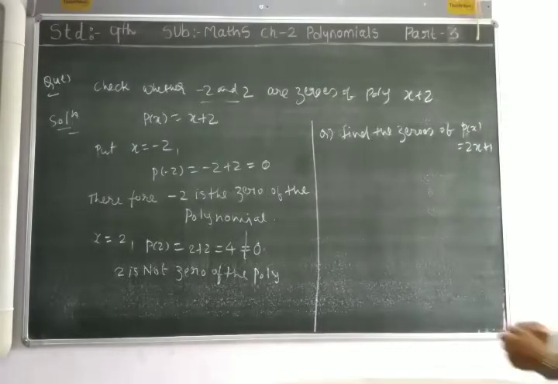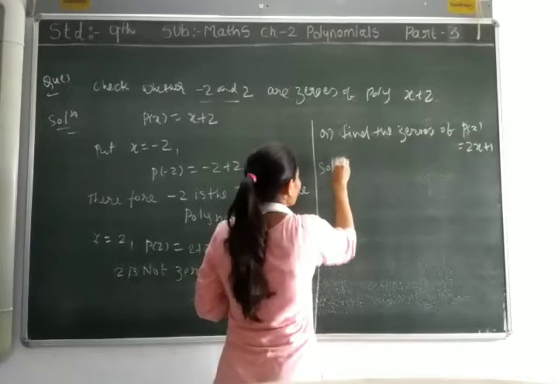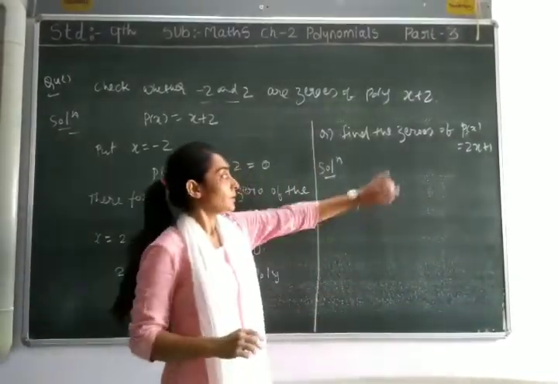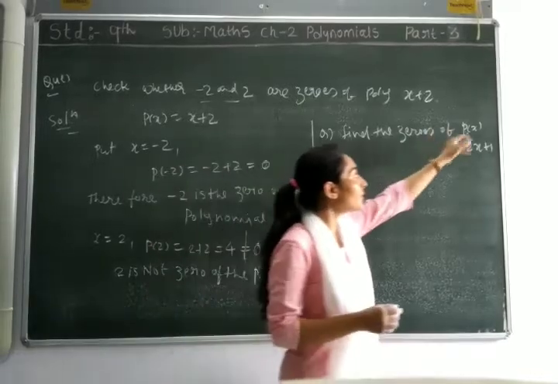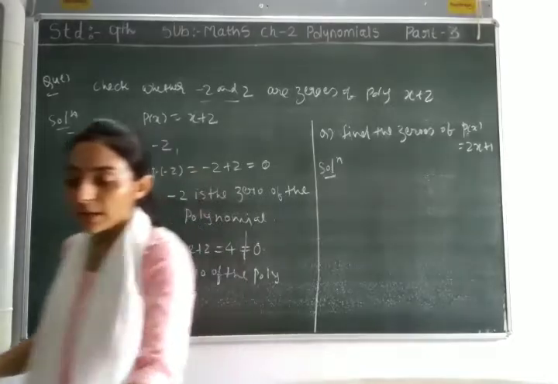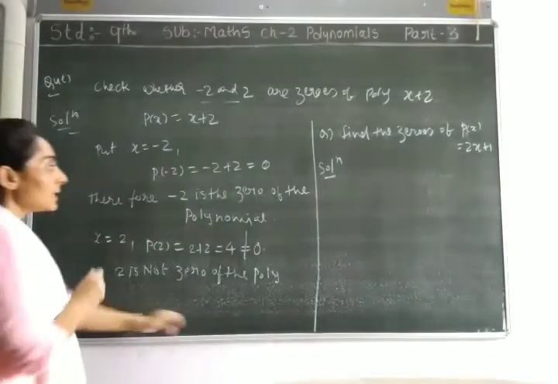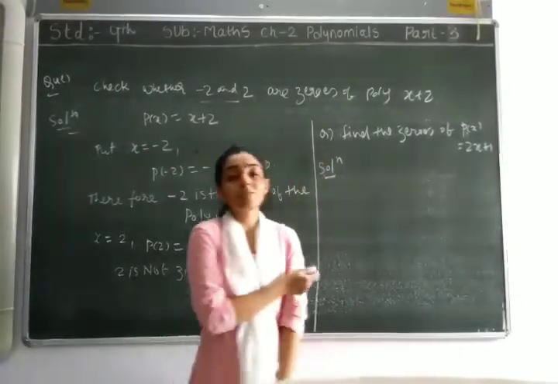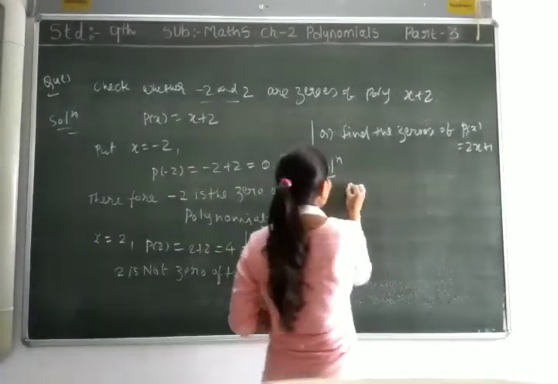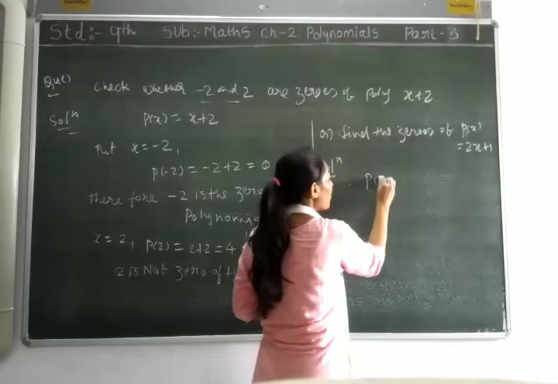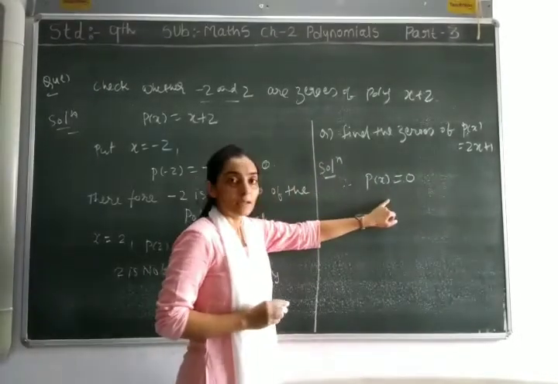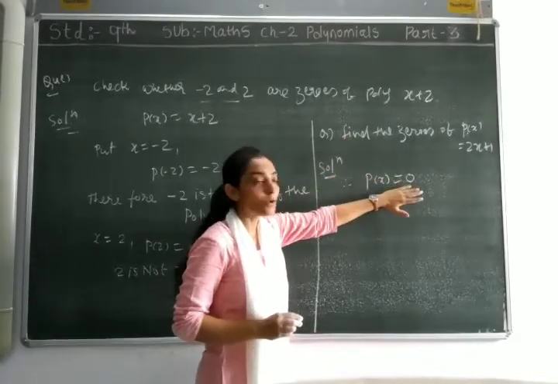See, we cannot do the trial and error method here. If we want to find the zeros of some polynomial, it means my resultant value should be equal to 0. Therefore I can write p of x equals to 0.